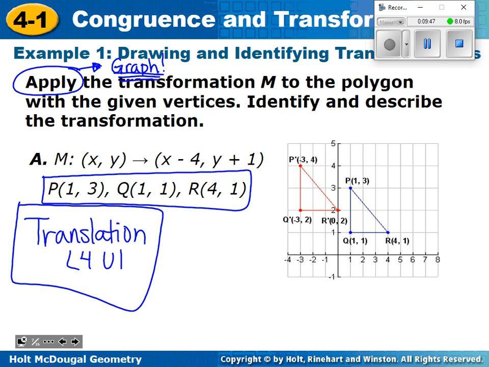And then make sure that you label with correct prime notation. P prime, Q prime, R prime, just like we did in chapter 1. And this one should have been complete review. Agreed? Okay, I'm going to give you a minute to go ahead and graph that triangle. Make sure that you've got it labeled well.